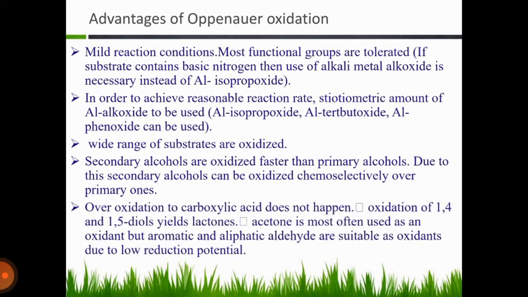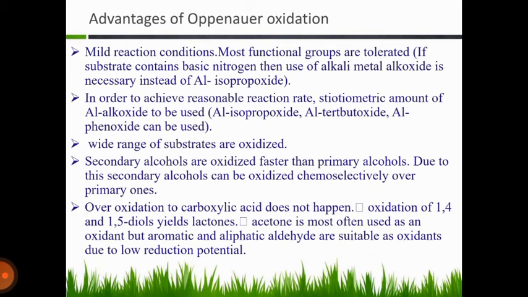Over-oxidation to carboxylic acid does not happen. It means the reaction will stop somewhere at the aldehyde or ketone. Oxidation of 1,4 and 1,5 diols yields lactones. Lactone structure you will be remembering. Acetone is the most often used oxidant.